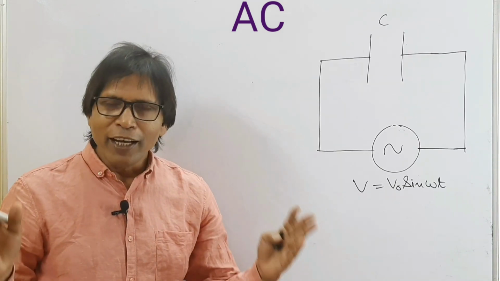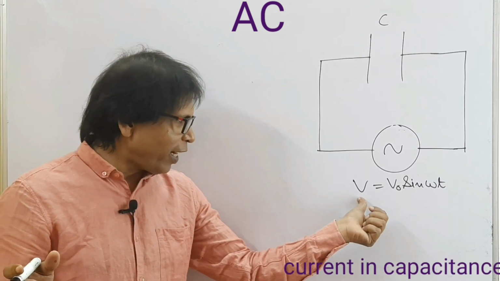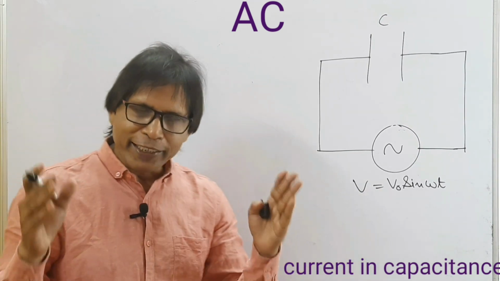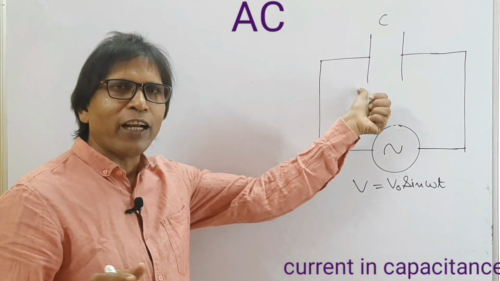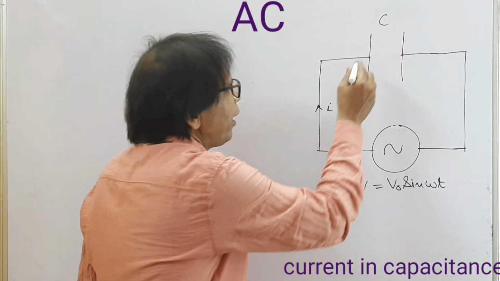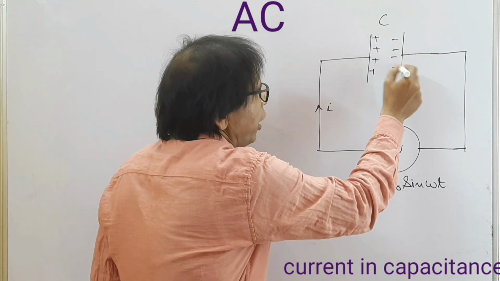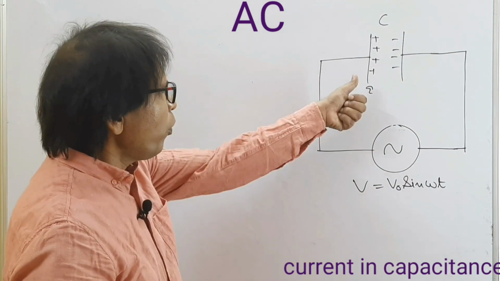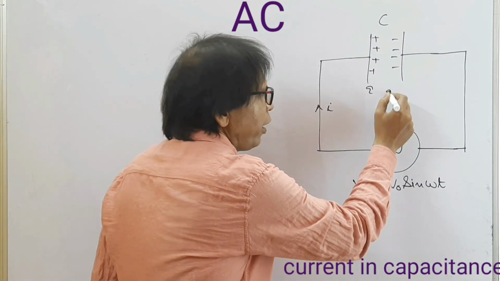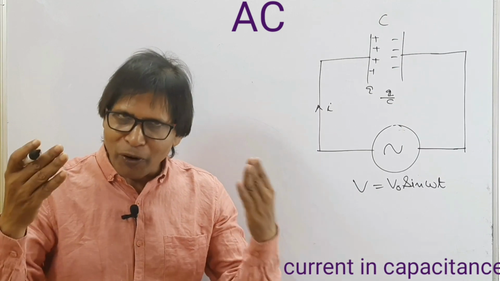Okay. Now current in a capacitive circuit. Look at this, V equal to V naught sin omega t is applied in a circuit containing a capacitor of capacitance C. Suppose the instantaneous current is I and the instantaneous charge stored in it is Q. So the potential difference between the two plates of the capacitor is Q by C. Now apply Kirchhoff's voltage law.